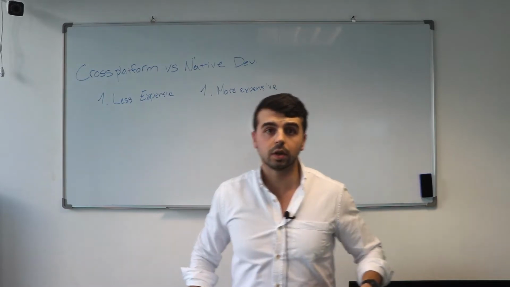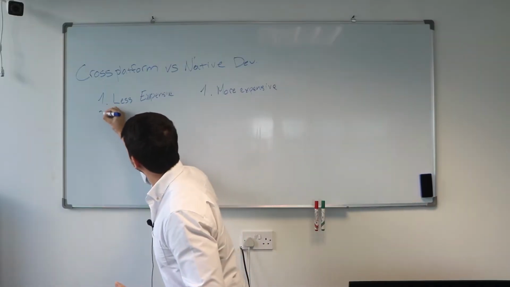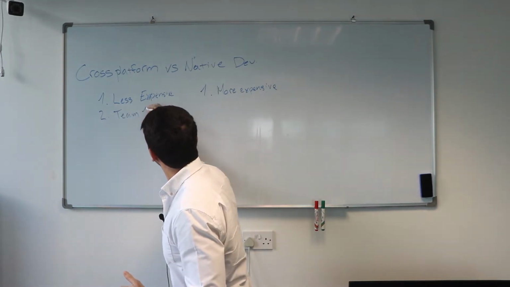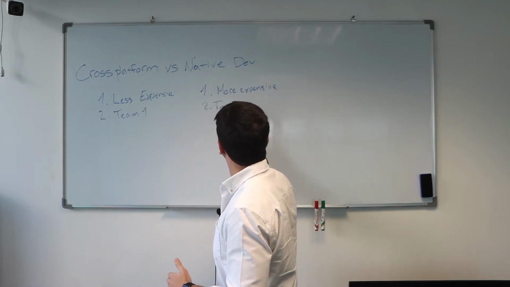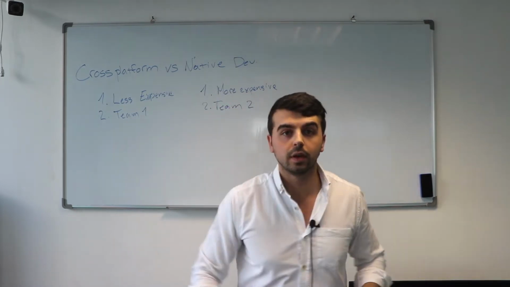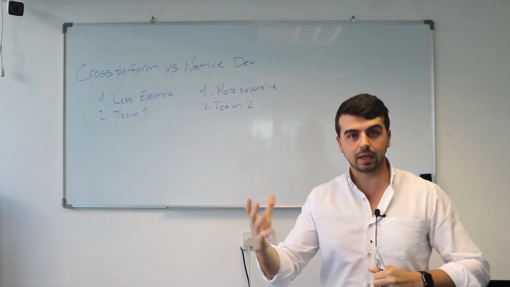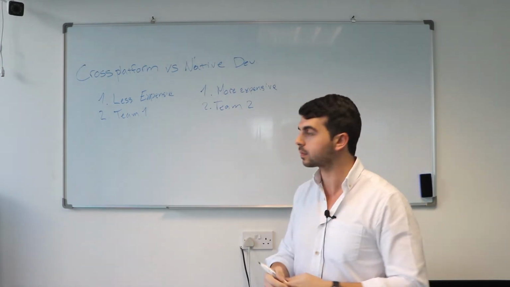One of the reasons, which ties into the point, is the teams which are involved in developing your mobile app. When it comes to cross-platform development, you will have only one team which is developing one application and adapting it to two different platforms, which is iOS and Android.